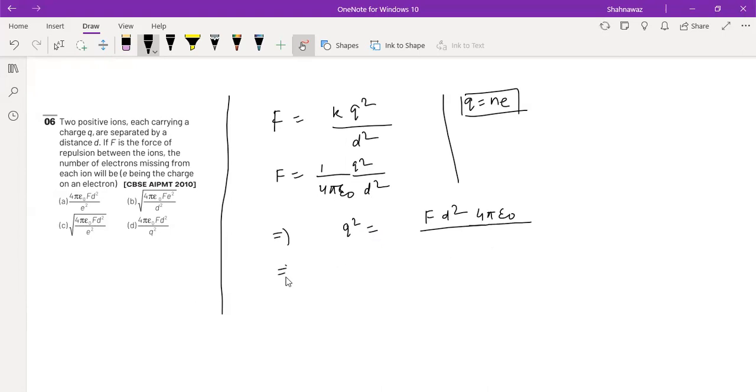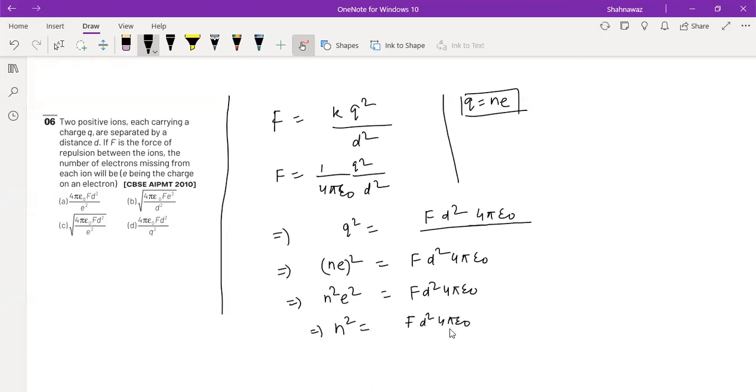And q square is n e square, so n e whole square is F d square 4 pi epsilon naught. So this is n square e square, and this is F d square 4 pi epsilon naught. So n square would be F d square 4 pi epsilon naught by e square.